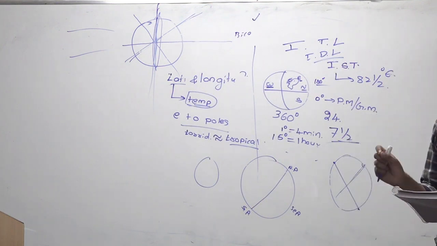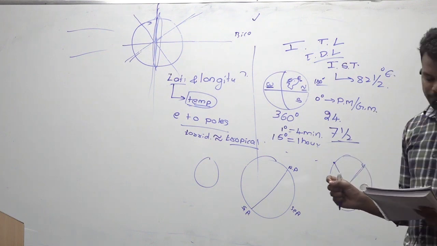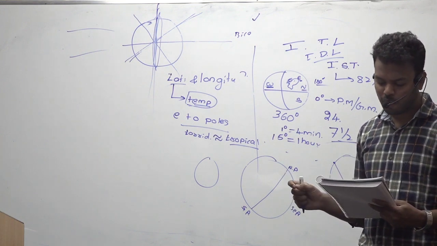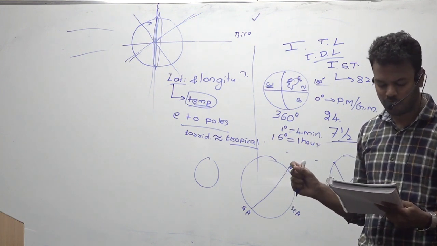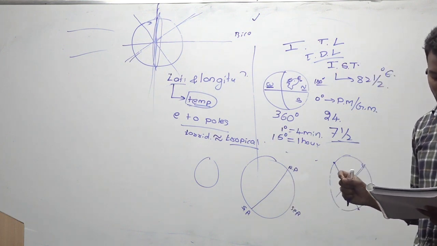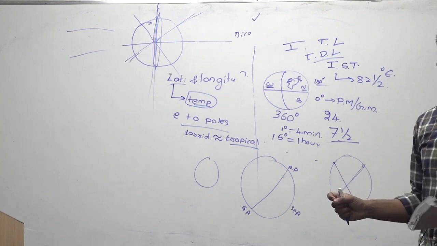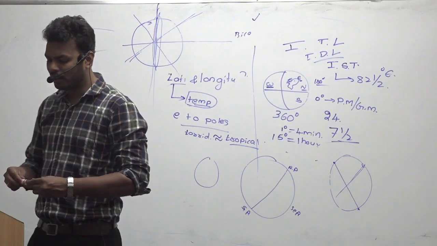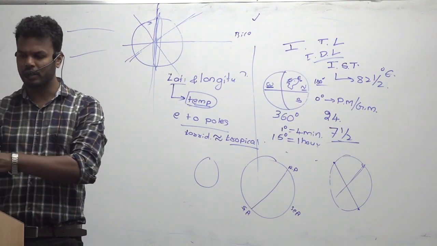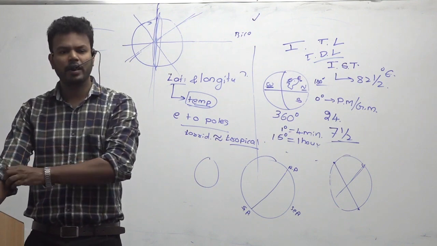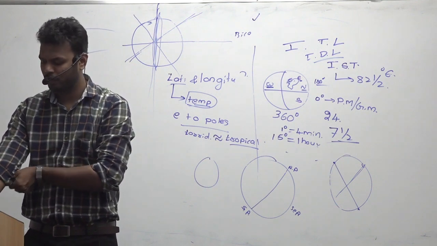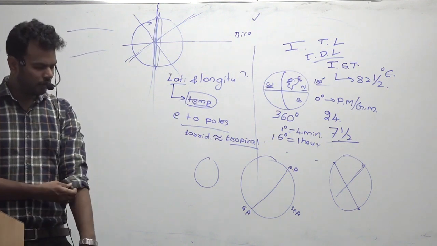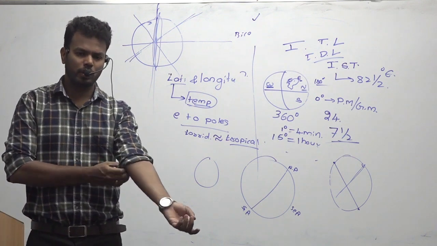Whenever the sunlight is falling on the earth, generally, if a plane bisects a circle, it divides that circle into two equal halves. Similarly, whenever the sunlight is falling on the earth's surface, at any time, it bisects the earth. That is, it divides the earth into two equal halves.